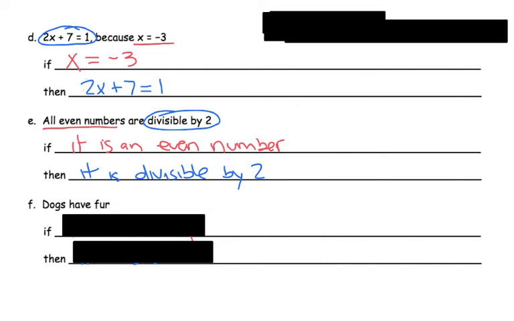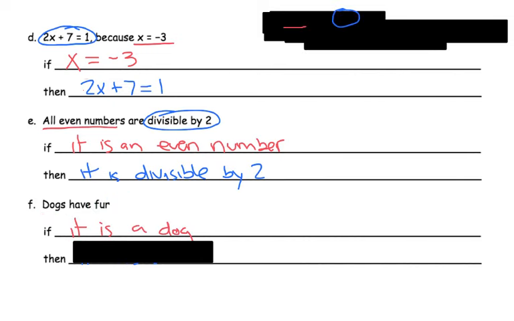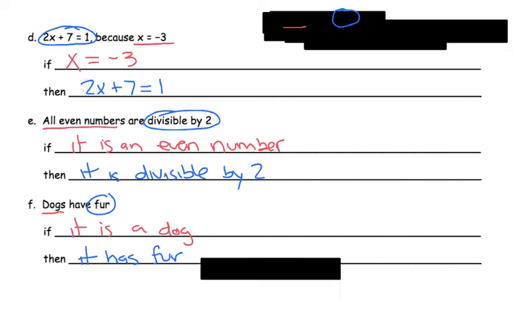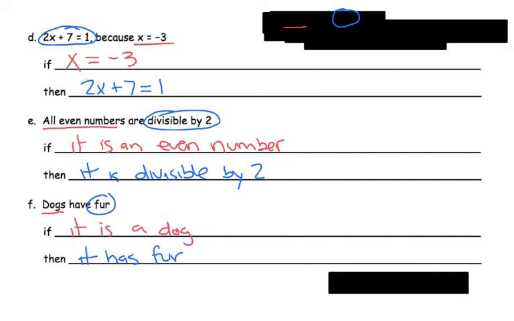So our hypothesis, dogs. Our conclusion, fur. So our conditional statement is if it is a dog, then it has fur. All right, so hopefully you guys kind of caught on to how we can identify our hypothesis and our conclusions and how to put it in the if-then form.